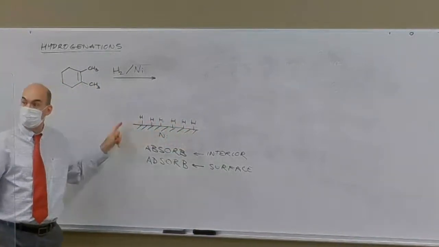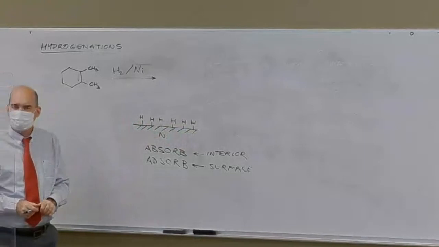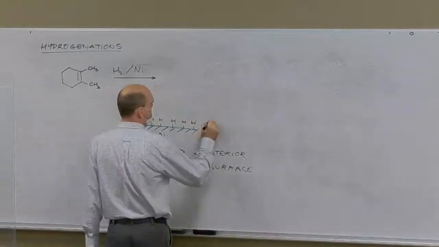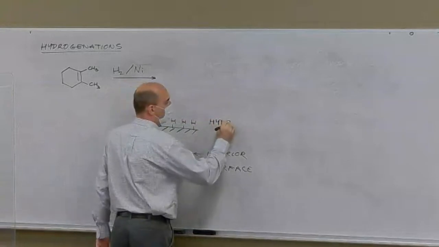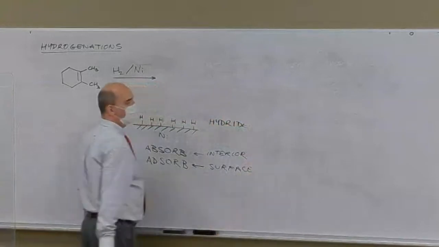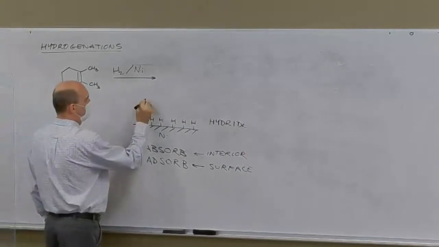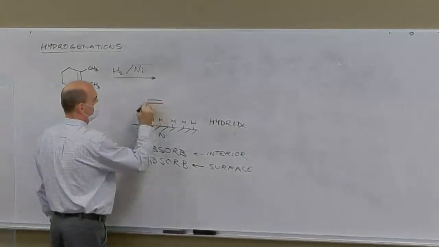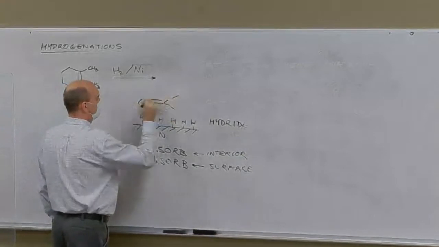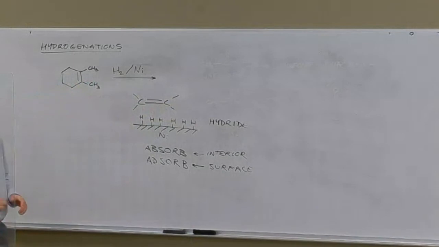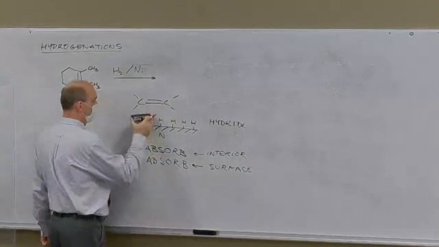These are individual hydrogen atoms attached to a metal. That's going to make them be hydrides. Okay. Well, along comes an alkene, a double bond.